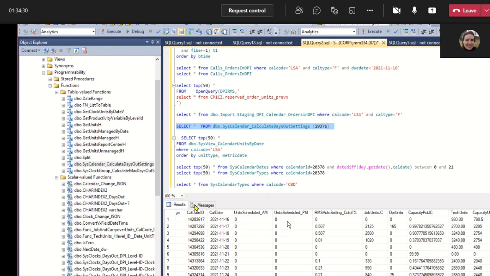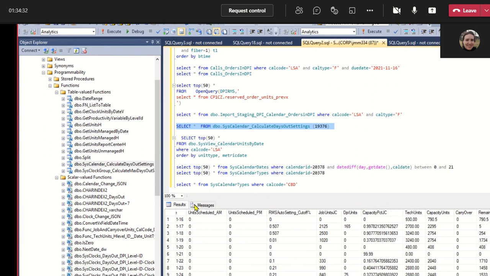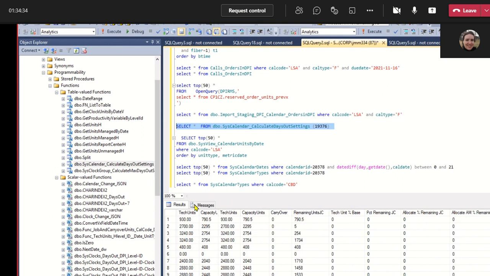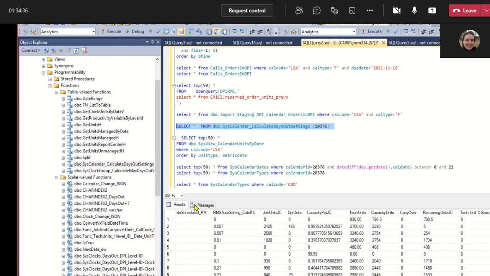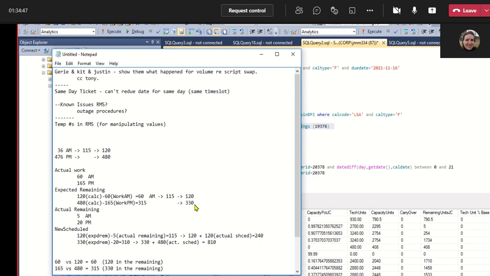We can write a function to get those AM and PM numbers, or we can call the function from the other page where we are already showing them.